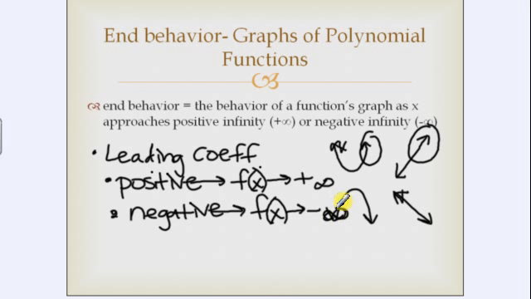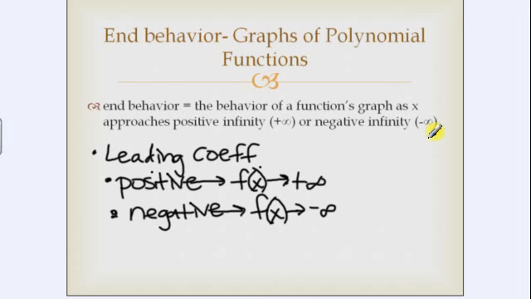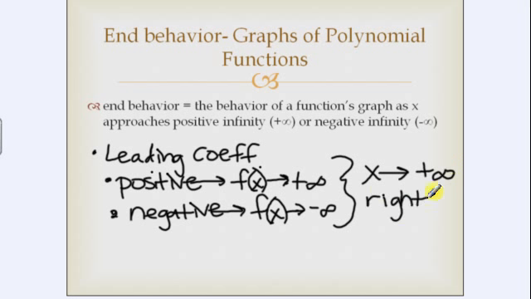For example, this one here, going down, approaching negative infinity, and this one here. Now, this is only to determine the right end behavior. So looking at as x approaches positive infinity, what's happening to the graph as it goes to the right? And again, we call that the right end behavior.